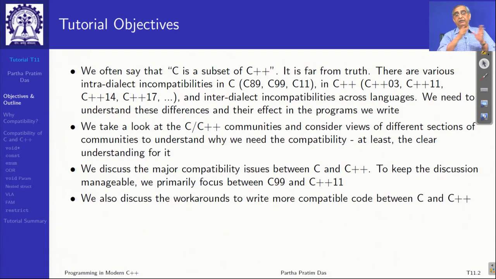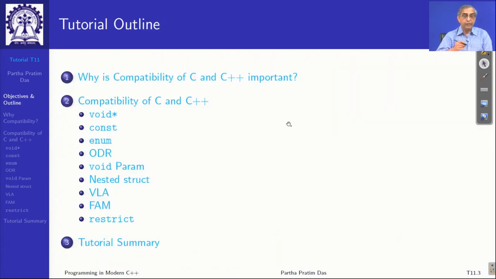Since there could be several variations of compatibility discussions, here I will focus on the two most popular dialects, that is C99 for C and C++11 for C++. In certain cases of incompatibility, we will also discuss the workarounds, right. So, that is what we want to achieve in this tutorial and the next. So, these are the key parts.